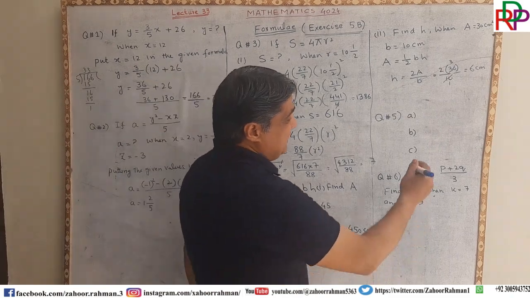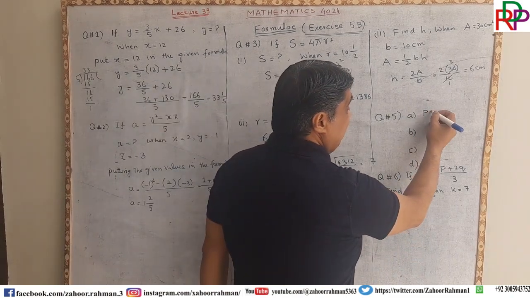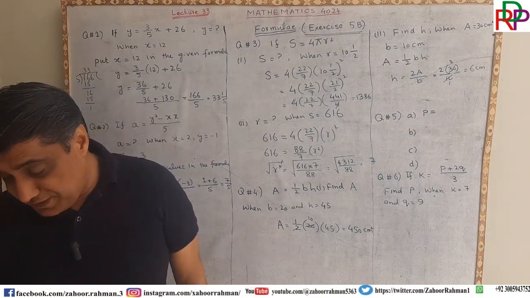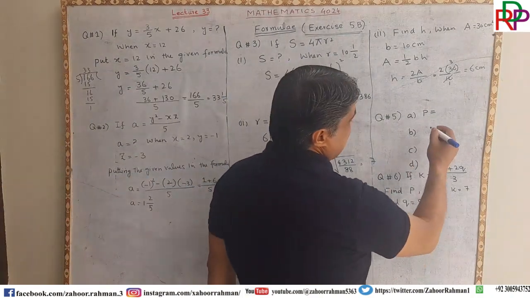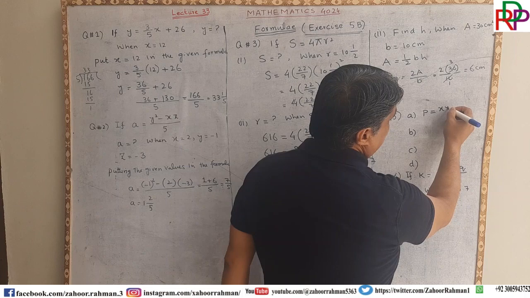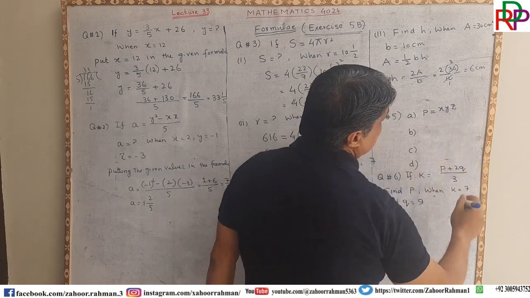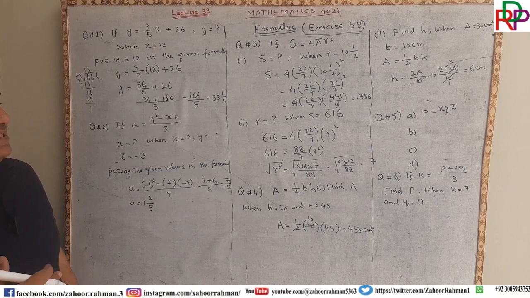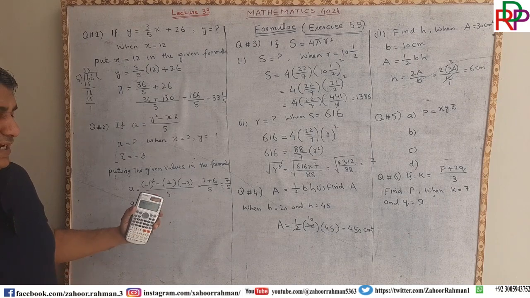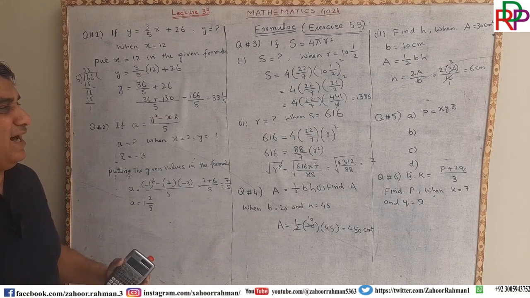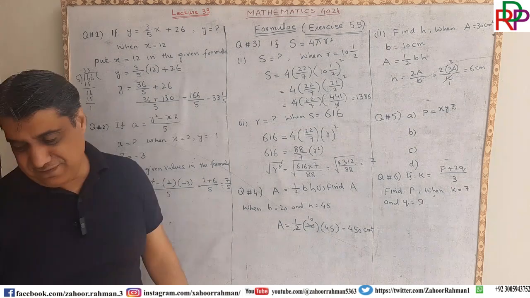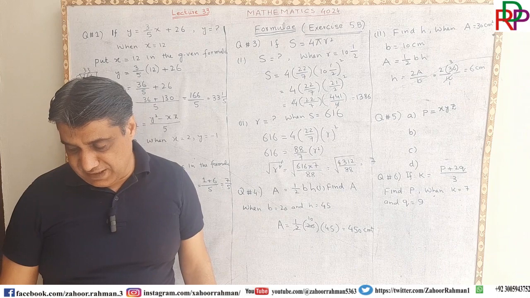Product P. We have to find product P of three numbers X, Y, Z. So you have to write X, Y, Z. X is a variable, Y is a variable, Z is a variable, and we have to multiply all these three things with each other, and that will give us the value.